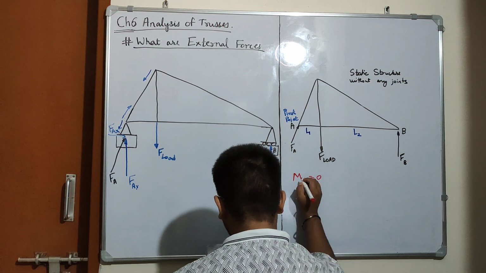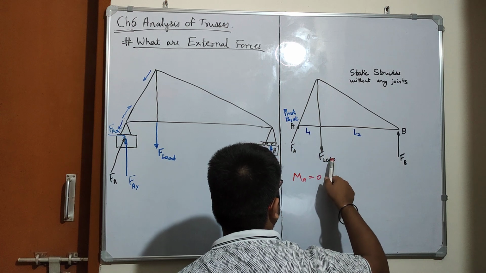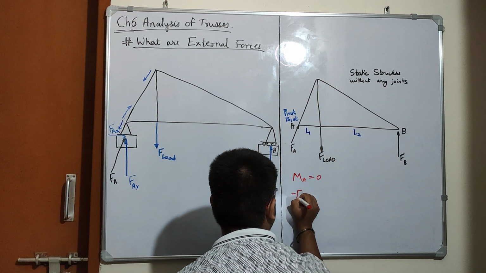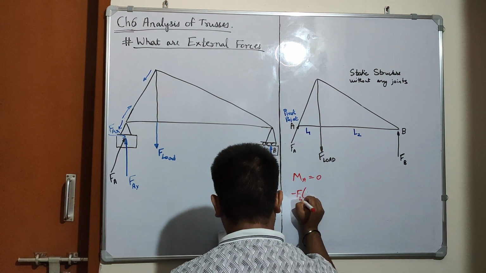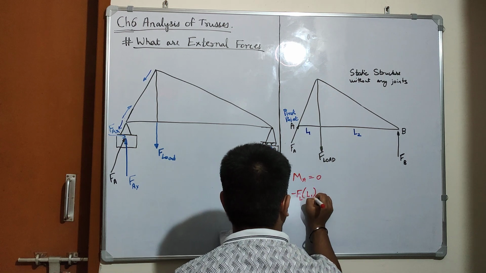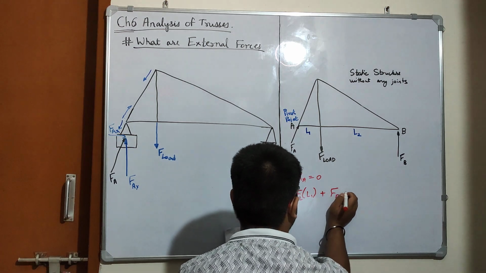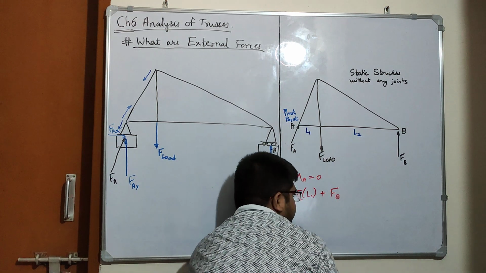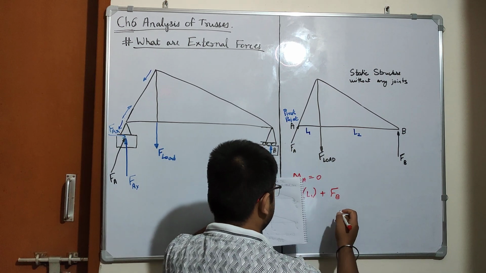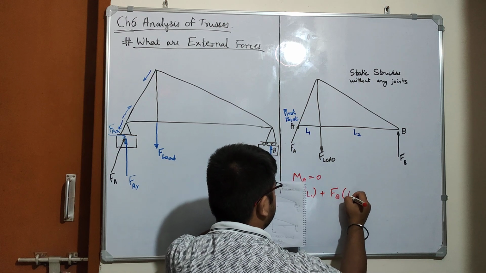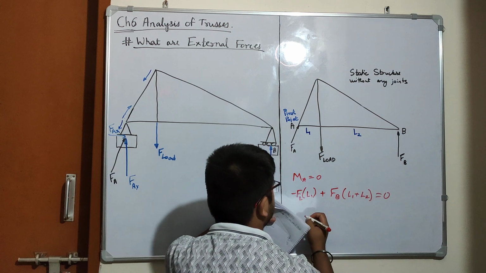This will imply, this F load I am taking as minus, so minus F L into L1 plus Fb into L1 plus L2 will be equal to 0.